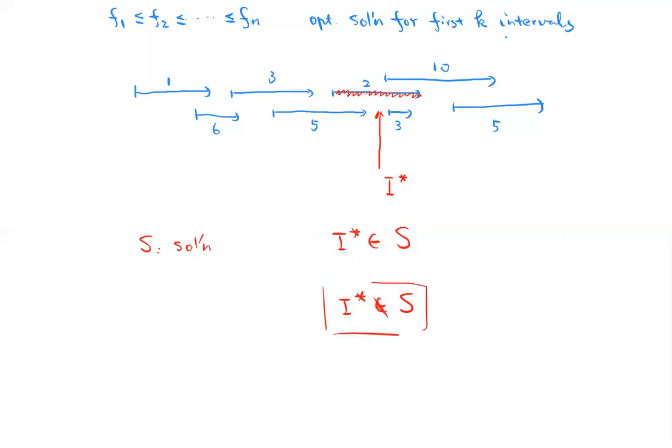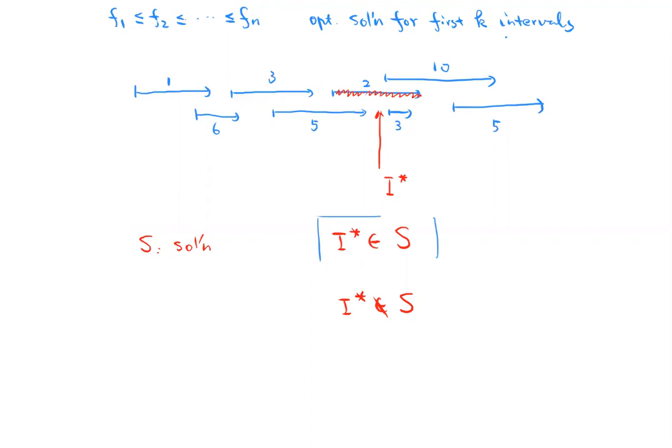If this one does not belong to S, let's see, which one? No, sorry. I better discuss the first one to illustrate one idea before going to this one. Sorry, I changed my mind.